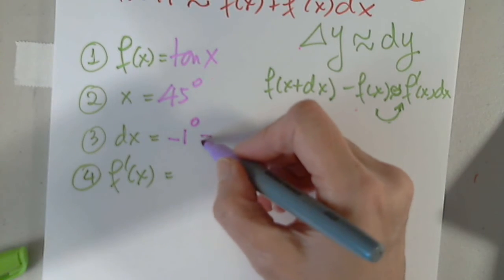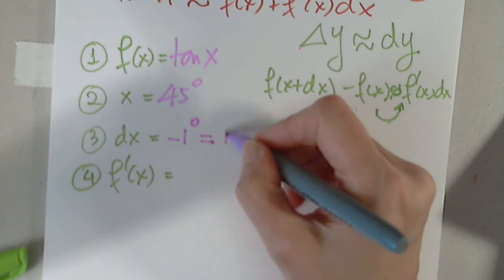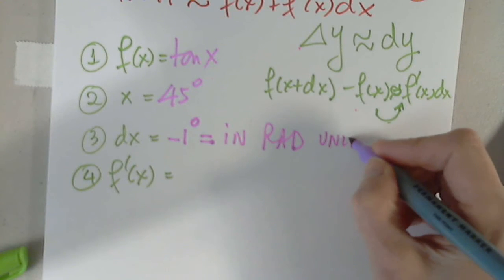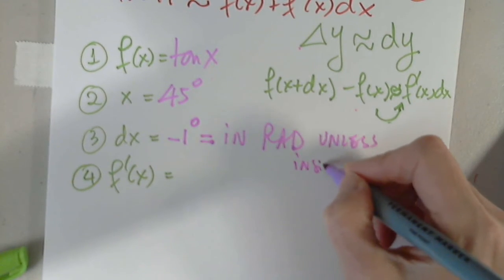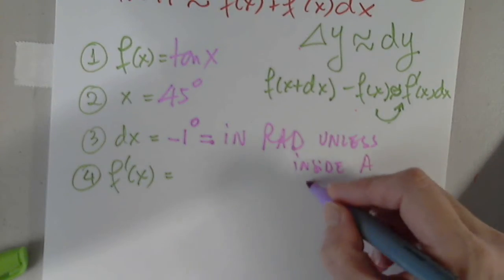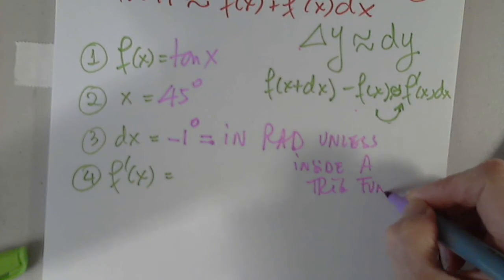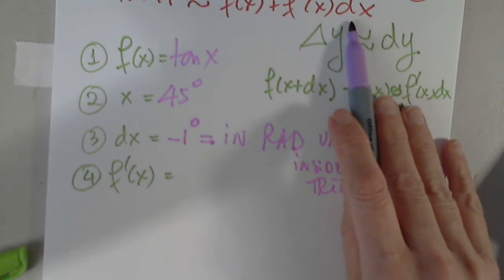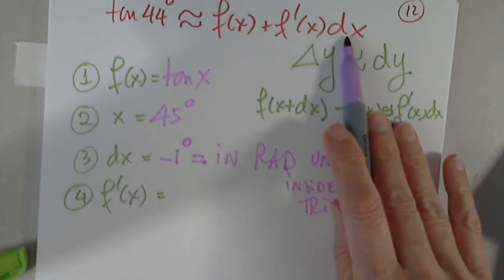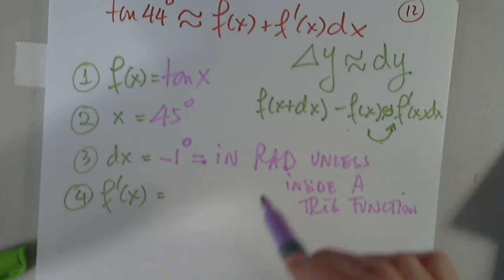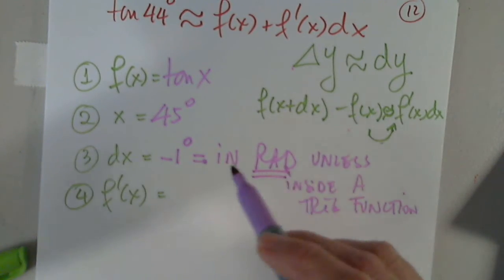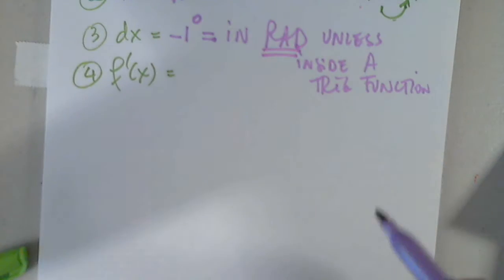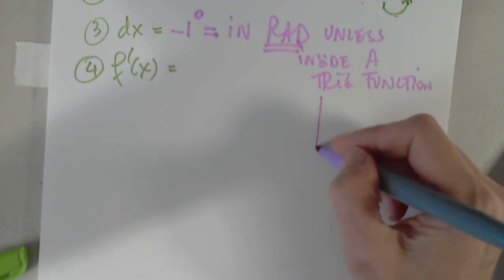However, we have to change it into radians. In radians, unless inside a trig function. It's not going to be inside a trig function. It's going to be outside of a trig function, so I have to change it in radians. I cannot keep it in degrees. And here's how I remember how to change from radians to degrees or vice versa.